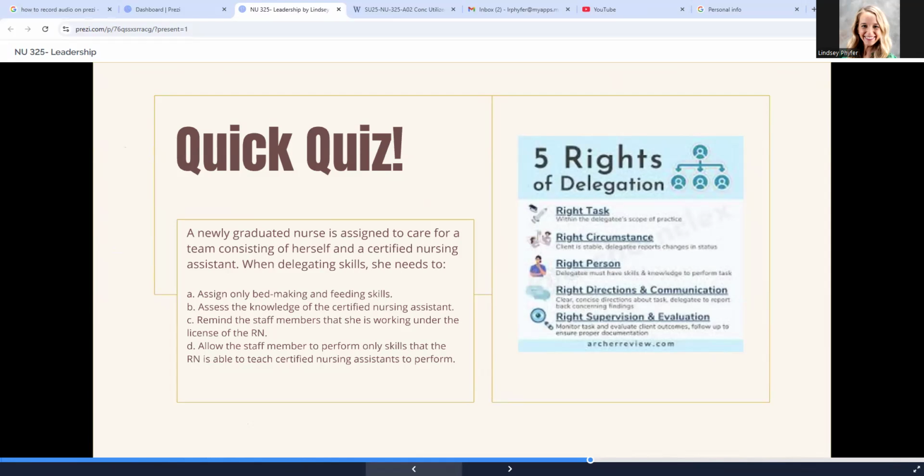If you answered B, assess the knowledge of the certified nursing assistant, that is correct. And that goes along with the 5 rights of delegation, the right person. We need to make sure that the delegatee has the skills and knowledge in place to be able to perform whatever task is being delegated.